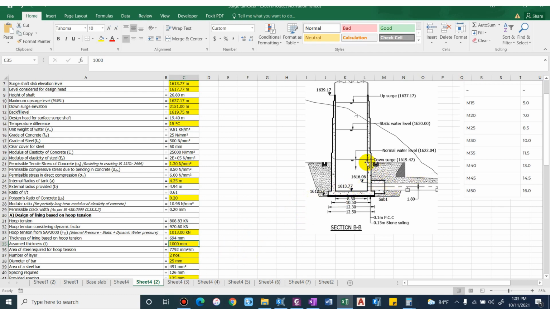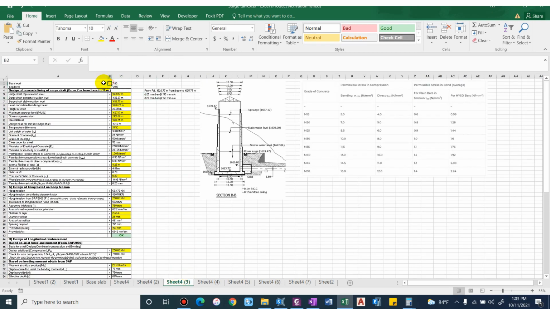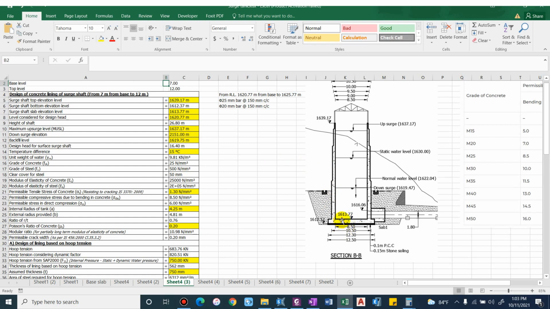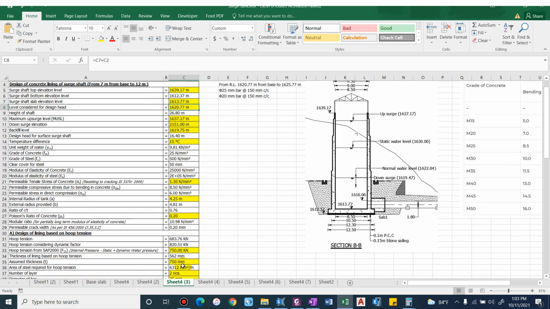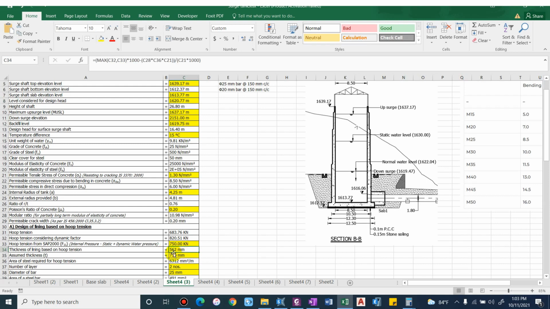Similarly we'll check at other depths. Let us go up to 7 meter. So 1613.77 plus 7 is equal to 1620.77. This is the design head, and at this particular head the depth required is 562 mm. Now we have reduced the thickness to 750 mm.